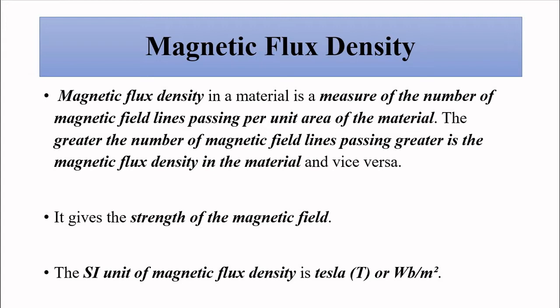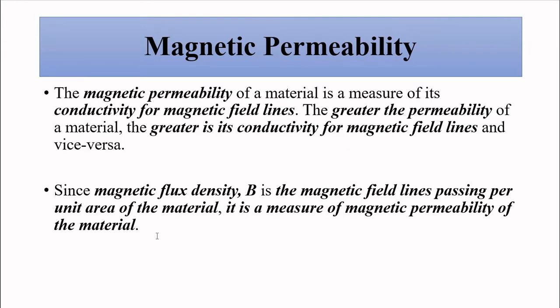Next is magnetic permeability. This is also related to magnetic flux density. Now we know that whenever an object or a material is placed in a magnetic field, magnetic lines of force pass through it.